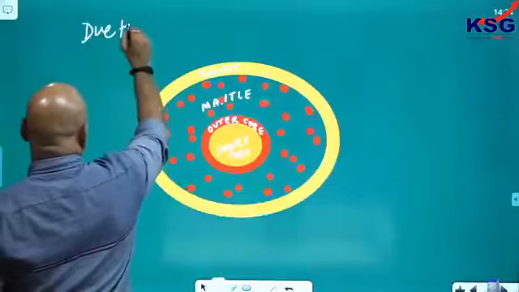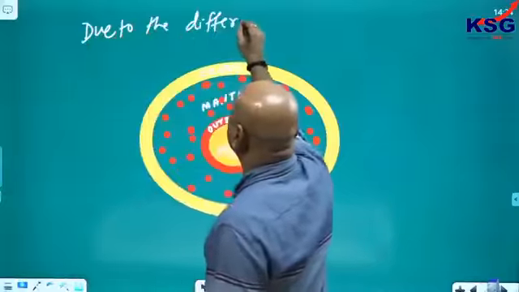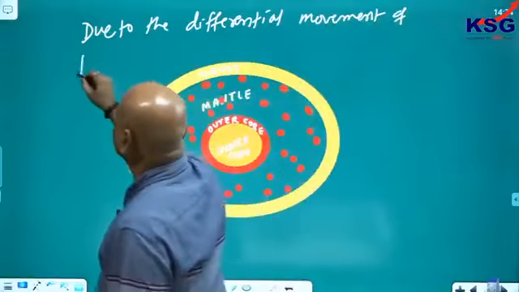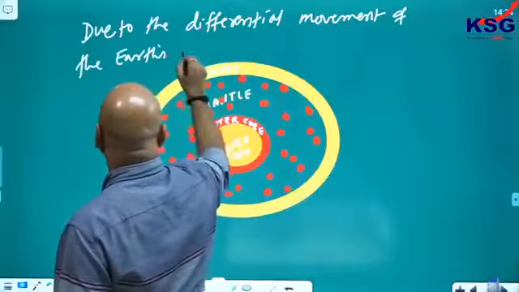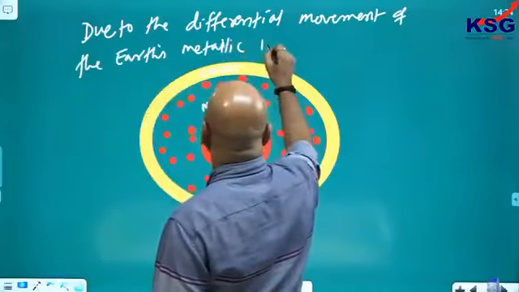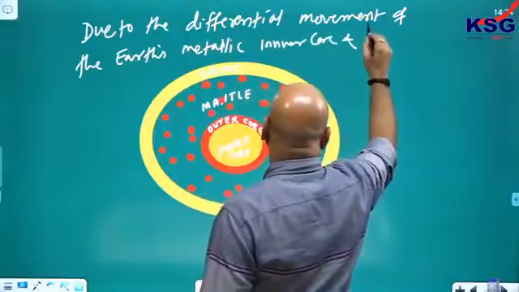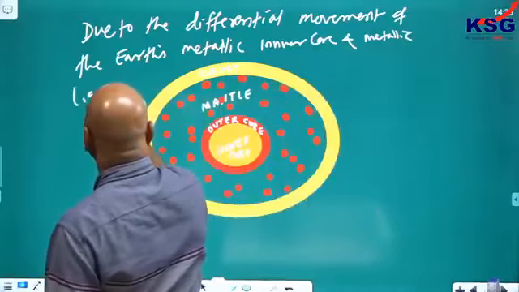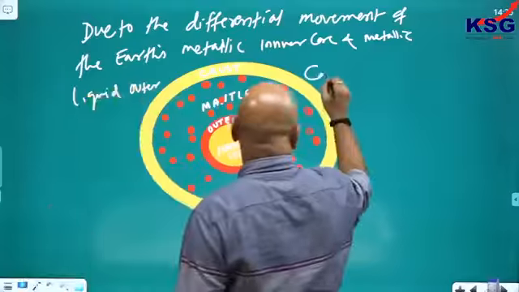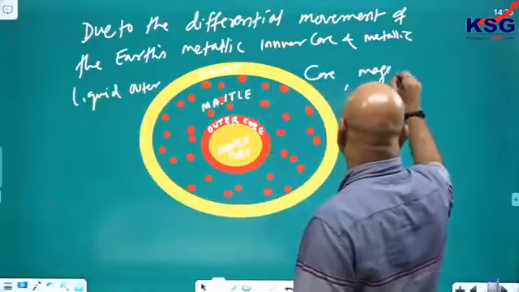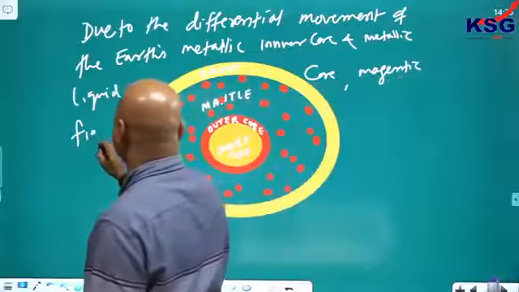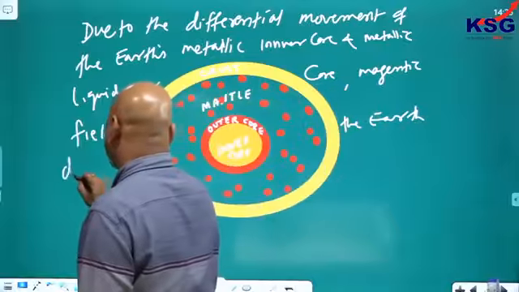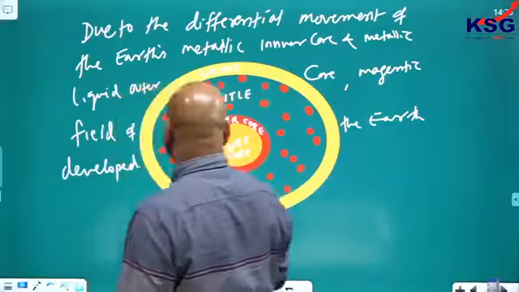Due to the differential movement of the earth's metallic inner core and metallic liquid outer core, the magnetic field of the earth developed.